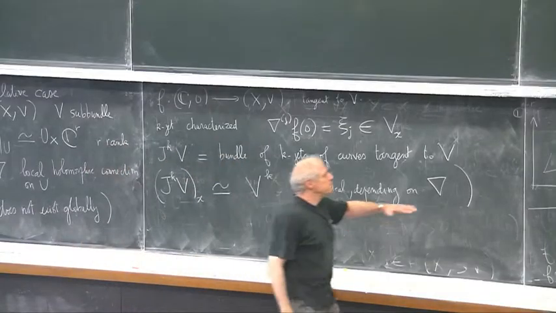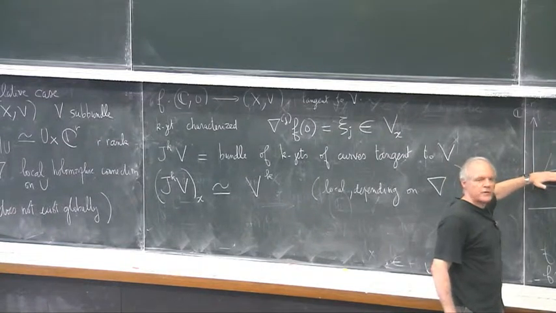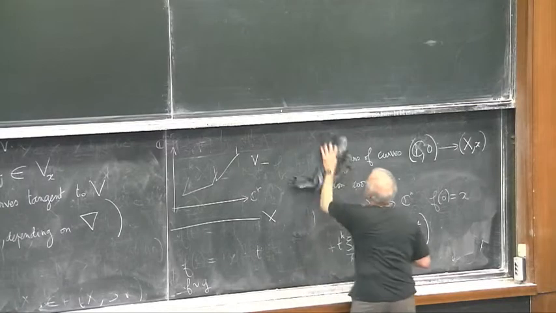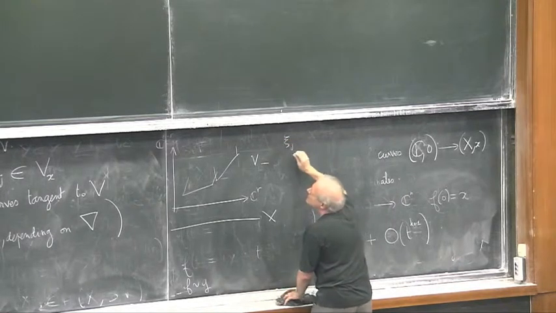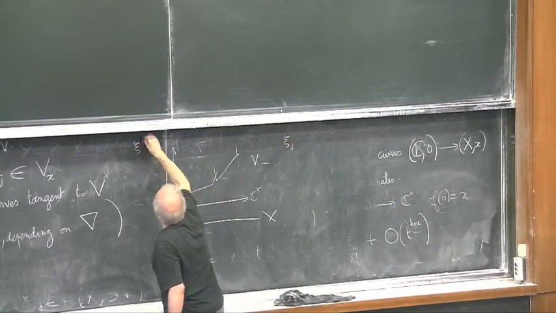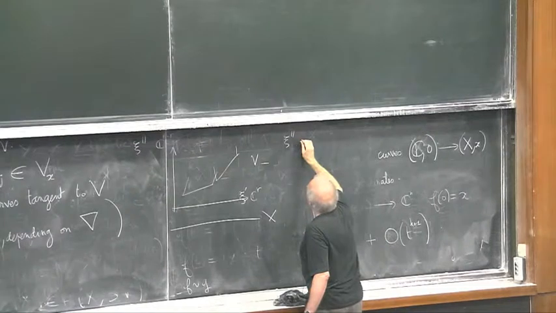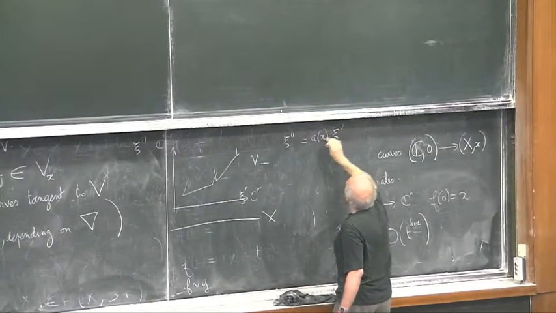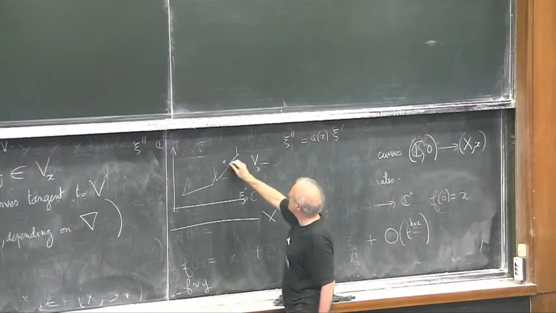And then solving this tangency problem amounts to solving ordinary differential equations, namely for the coordinates here, so you have Xi double prime here and Xi prime here. And the Xi double prime should be a linear function depending on x, so this is the defining matrix for Vx here.